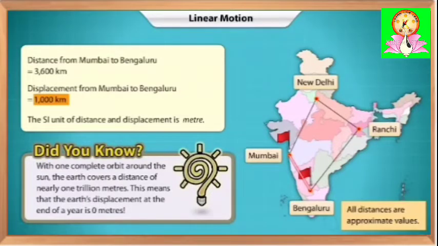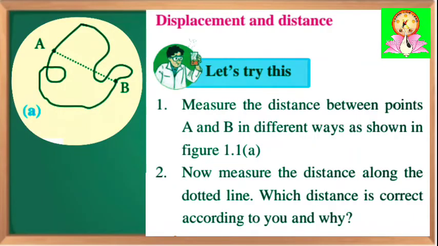With one complete orbit around the Sun, the Earth covers a distance of nearly 1 trillion meters. This means that the Earth's displacement at the end of the year is 0 meter. Now friends, let us try this to understand displacement and distance.